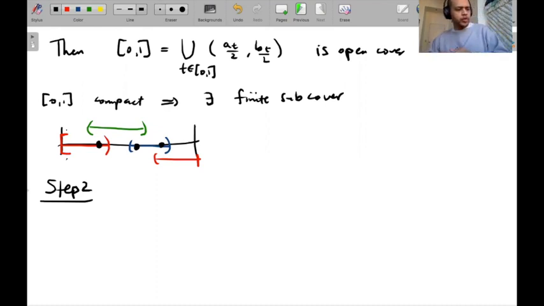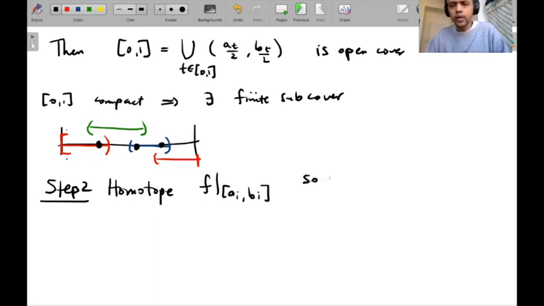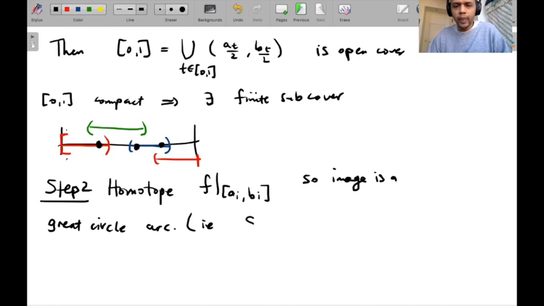Now we're going to homotope f restricted to each of these intervals so that the image is a great circle arc, i.e., it's S2 intersect with some plane R2.